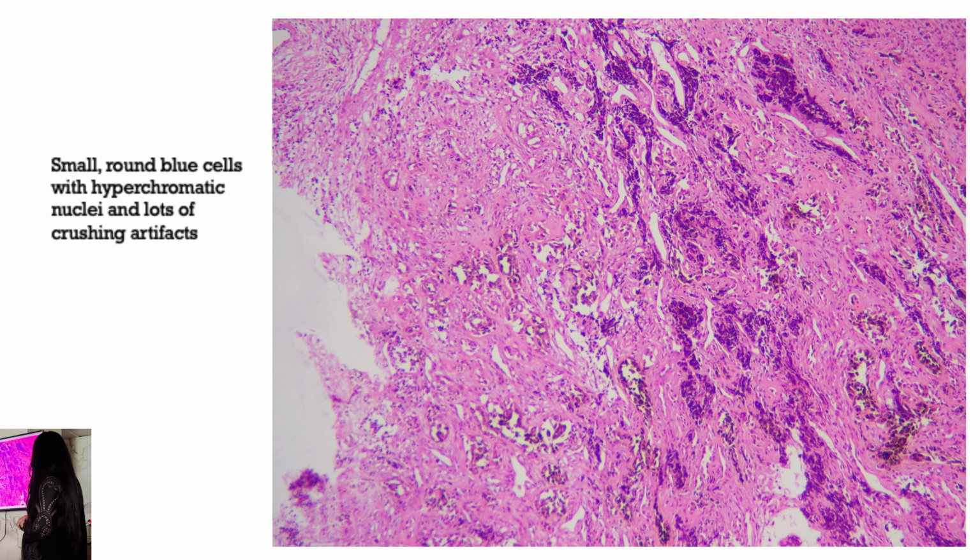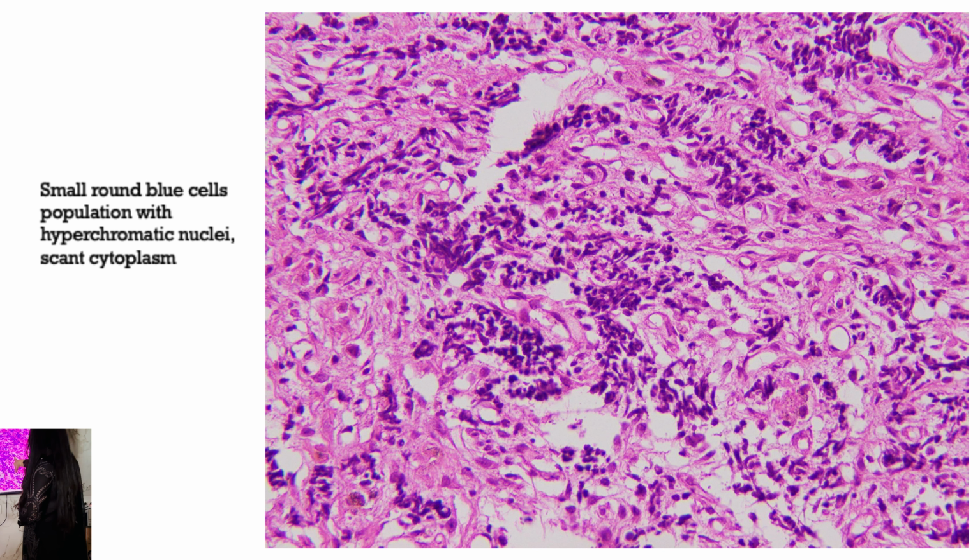This is another image, but with lots of crushing artifact within the small hyperchromatic blue cell population. I have a better image of it. Here we can appreciate its cellular definition. These are the small blue cells. They have a round, very hyperchromatic nucleus, and we see very scant cytoplasm or even no cytoplasm in many places.